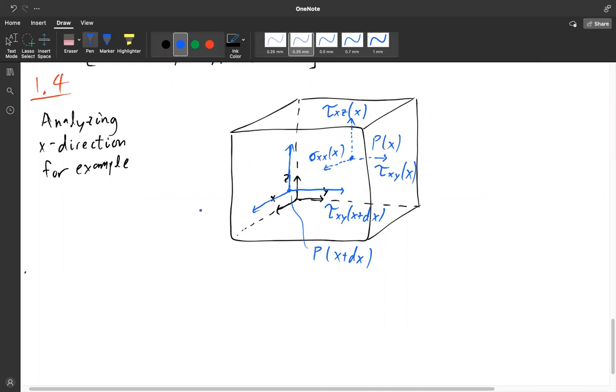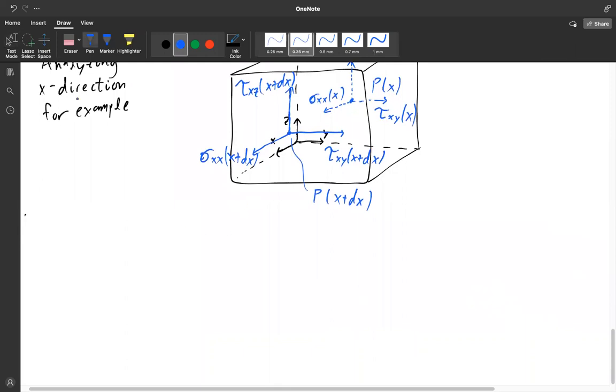This is sigma xx at x plus dx. And then this is tau xz at x plus dx. So you can see why now that I'm only focusing on one direction, because it can get really hectic if we were to analyze in all three directions.